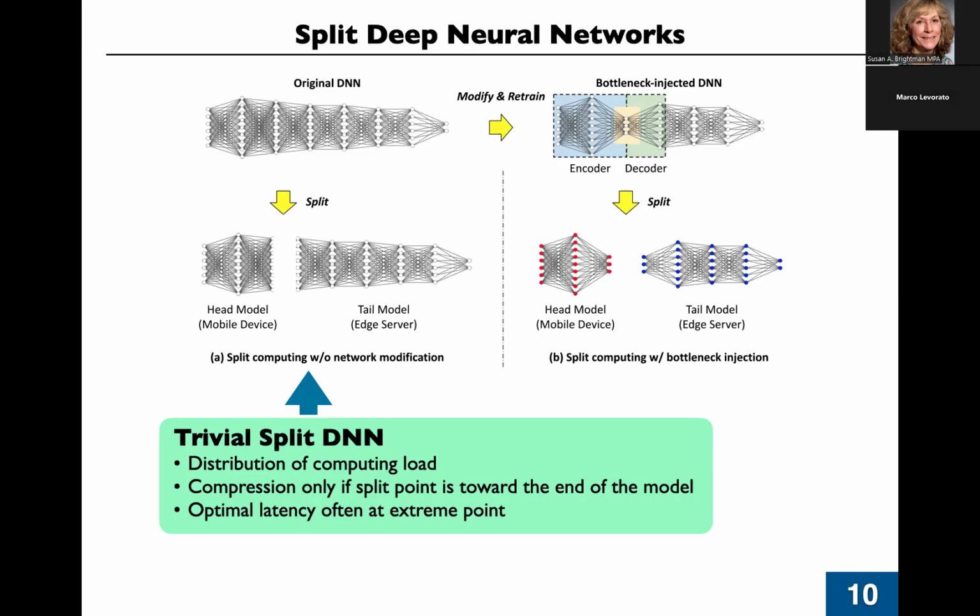That's called Neurosurgeon. It's super cited, and it's very interesting because it shows that the optimal thing to do in this case is to not split. You are allocating some computing to the mobile device, but tensors tend to be a lot bigger, especially early on in the model, compared to a JPEG image.